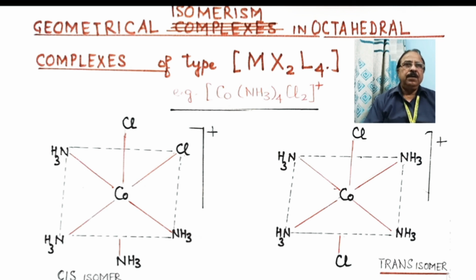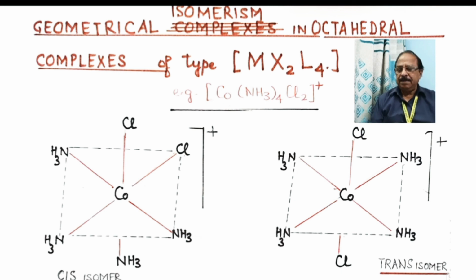After discussing geometrical isomerism in square planar complexes having coordination number 4, we will discuss geometrical isomerism in octahedral complexes whose coordination number is 6. So in this we will discuss geometrical isomerism in octahedral complexes of the type MX2L4. That means there is a metal atom and two types of ligands are present. Two ligands are of the same type and four ligands are of a different type, right?